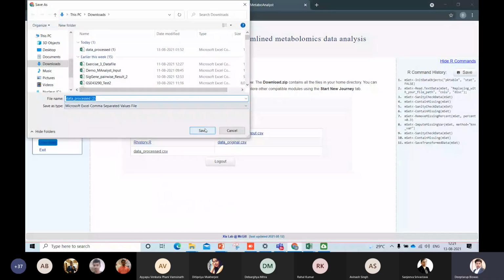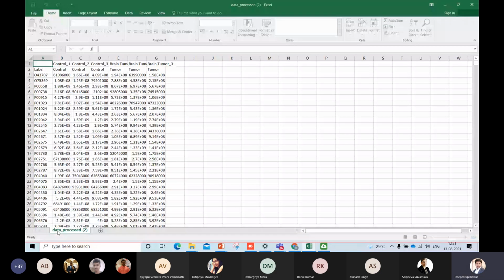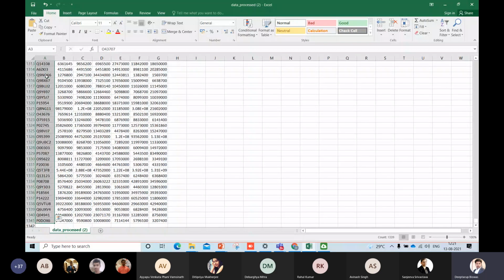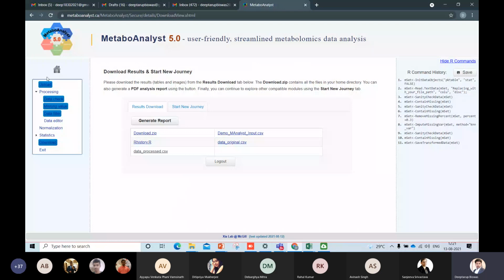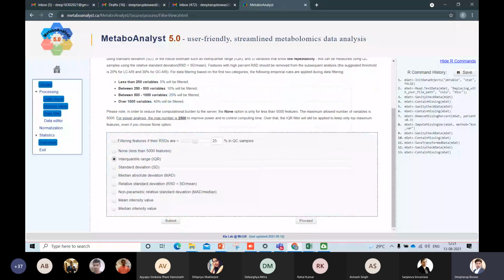For example, if I save it in the downloads and open it, you will find that the total number of proteins or features, which were somewhere around 2000 plus, has been reduced to 1341. That means those features had more than 30% missing values, which has been removed initially, right?